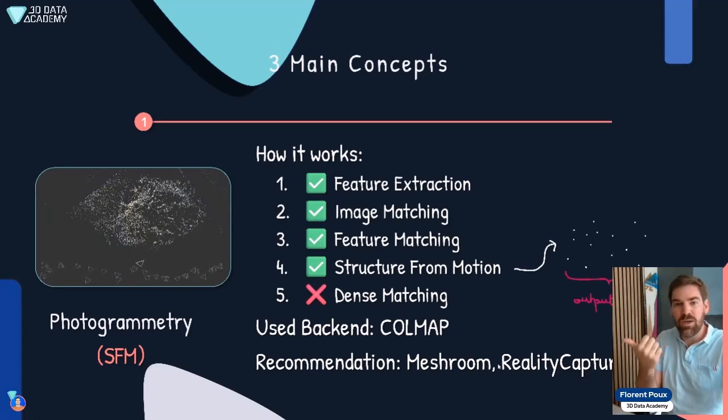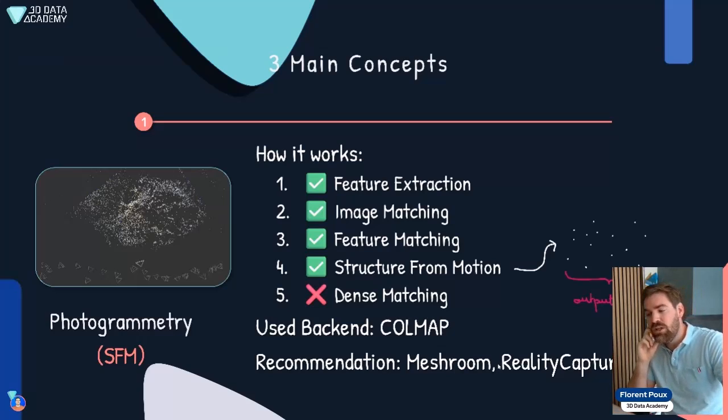The first one being Meshroom, which is open source as well from AliceVision. And the second one being RealityCapture. It's not open source, but they changed their licensing system. And now if you make, I think, less than $1 million in revenue, you can have a free license to use their software, which is amazing.